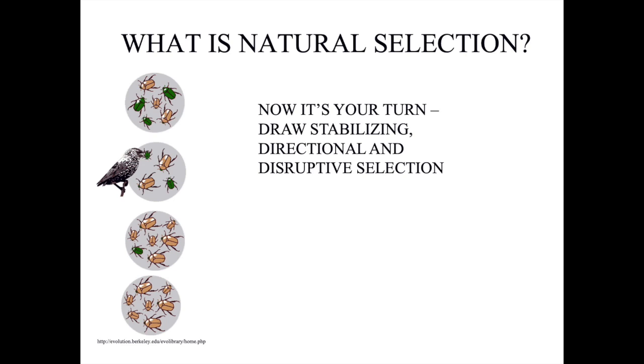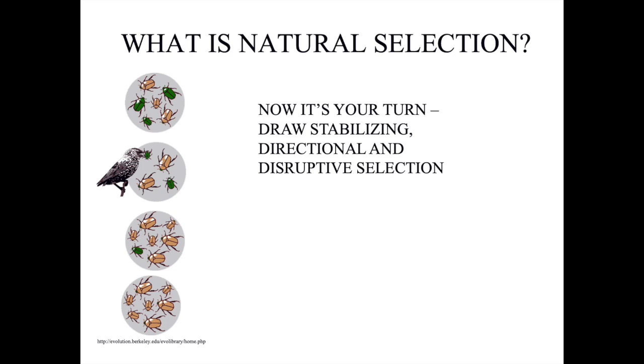The tan ones then are removed from the gene pool, and so you have a separation of the species into the two sides. And that's going to lead us into speciation.